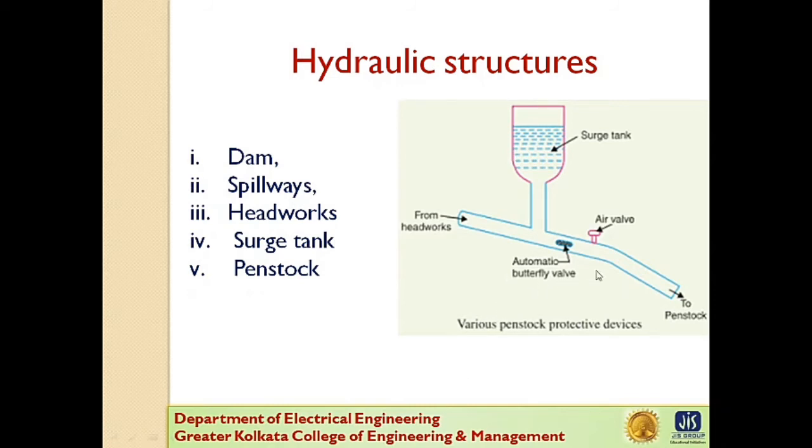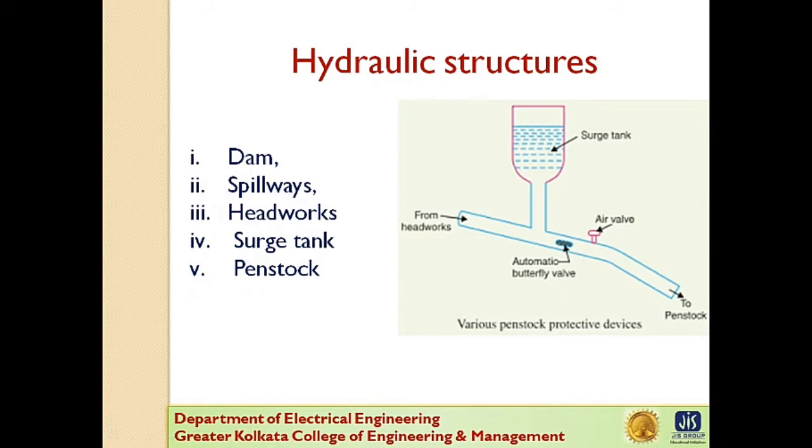Automatic butterfly valve shuts off the water flow through the penstock promptly if it ruptures. Air valve maintains the air pressure inside the penstock equal to the outside atmosphere.